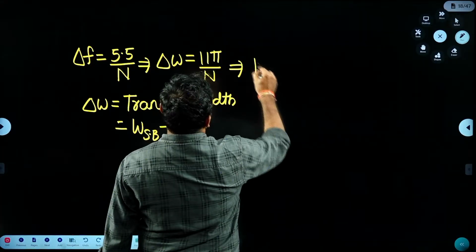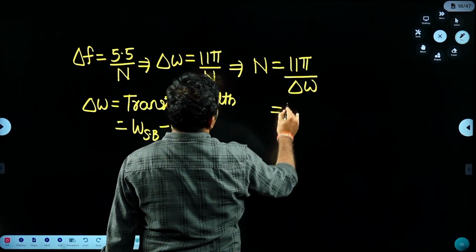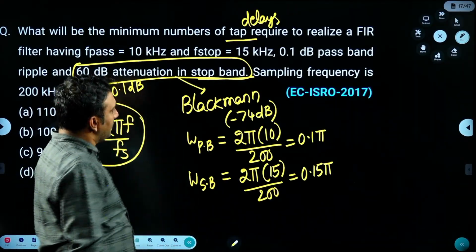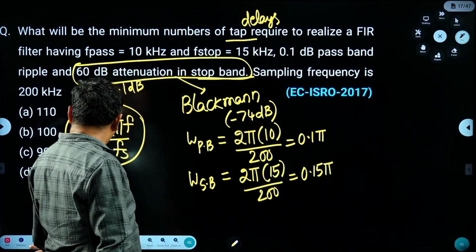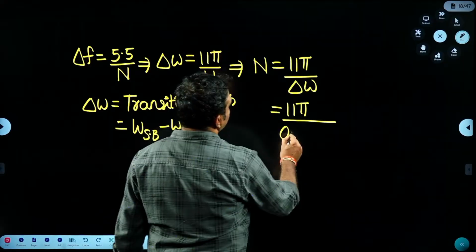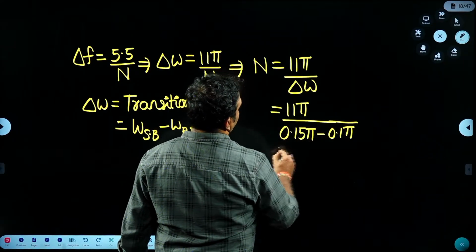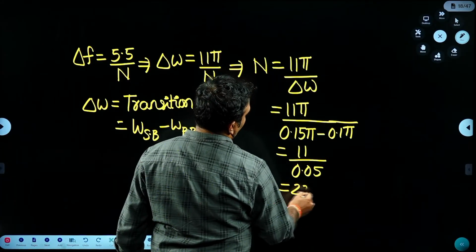So to get the order, it is 11 pi by del omega. That is 11 pi by, what is del omega? Difference between these frequencies, 0.15 pi minus 0.1 pi. So it is 11 by 0.05, 220.